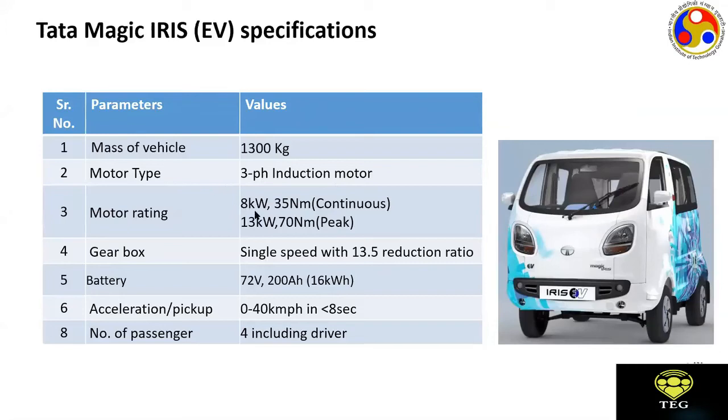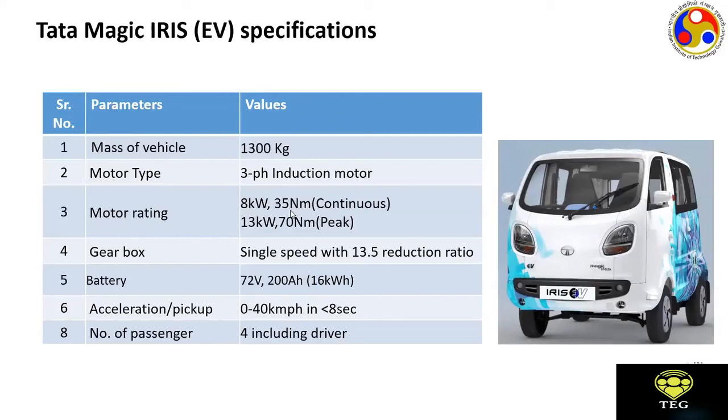The rating was 8 kilowatt and 35 Newton meter. Of course, the vehicle is no more a 1600 kilogram vehicle. It has less weight, and the number of passengers is 4, including the driver. In the actual Tata Magic, it was 8 plus the driver, so the number of people is also less, so the power requirement went down for the drive cycles.